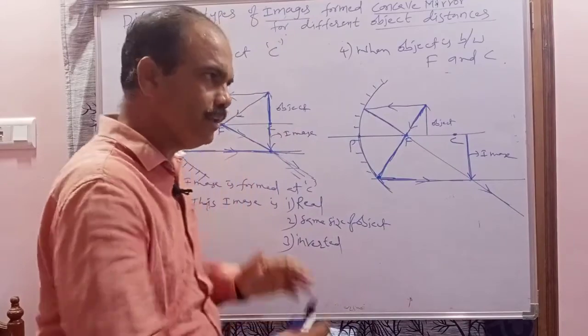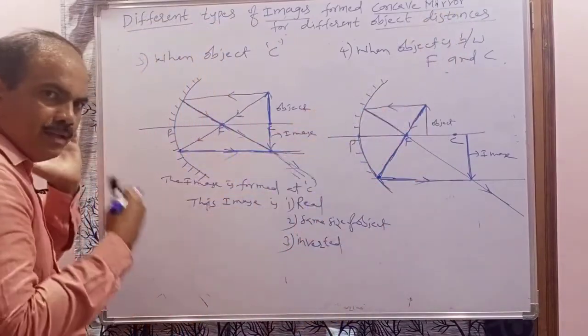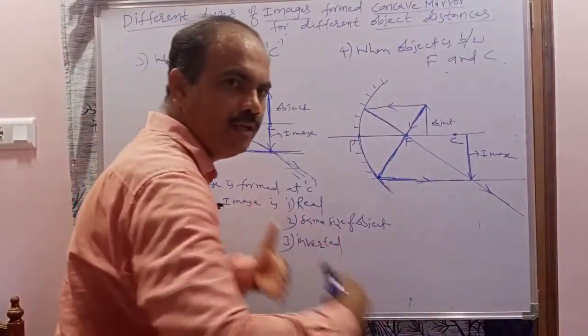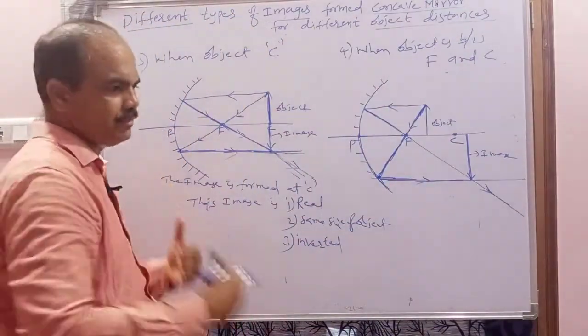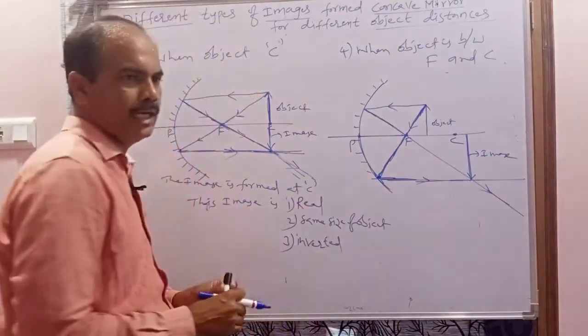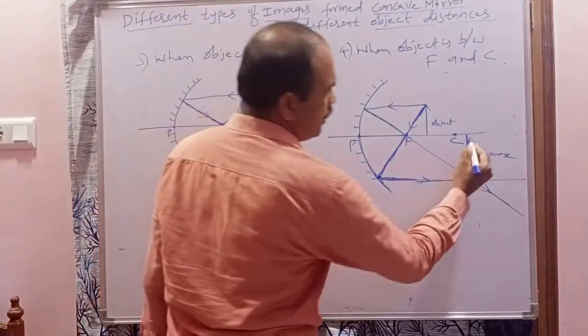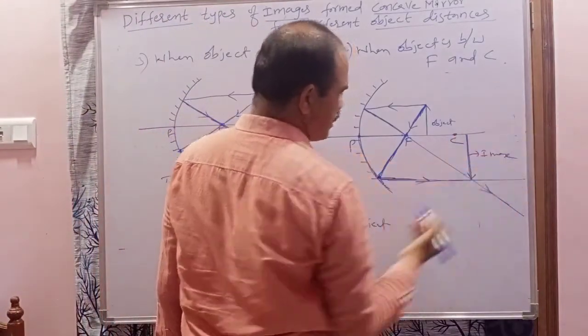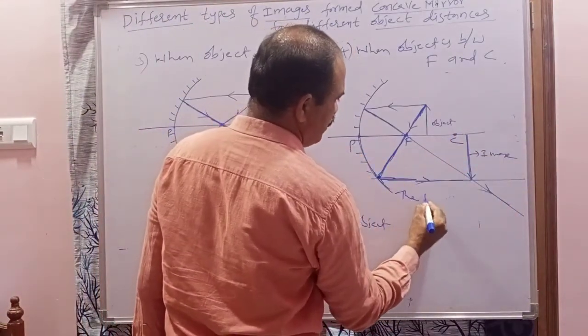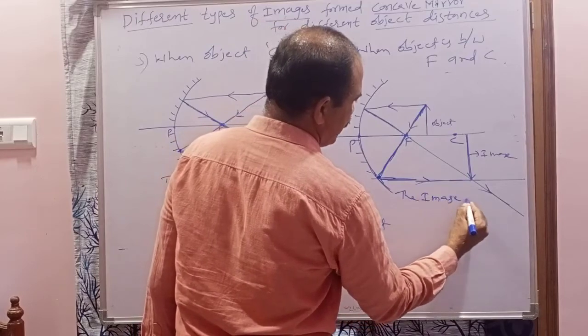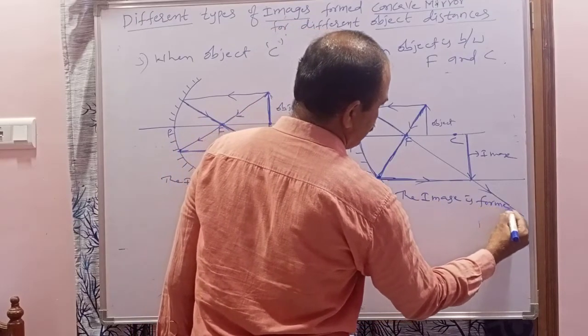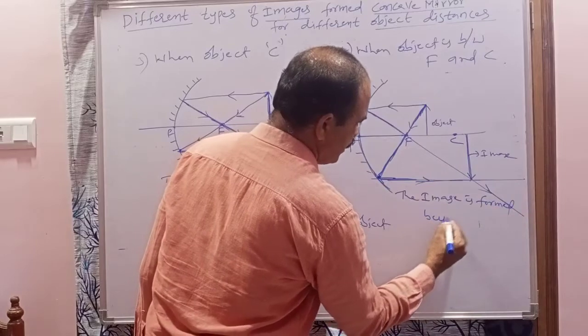And as the object approaches the mirror, the size of the image gradually increases. Remember that. So now where is the image formed? The image is formed beyond C.